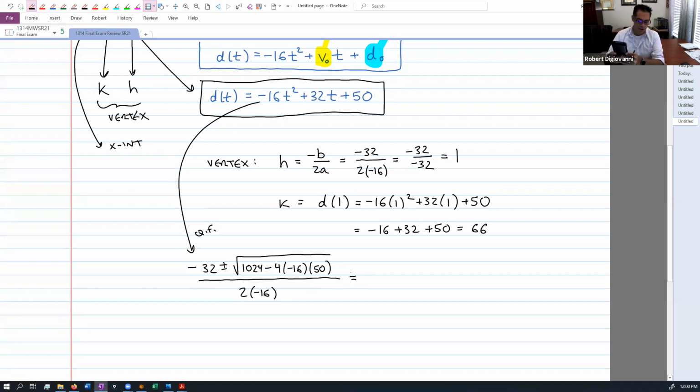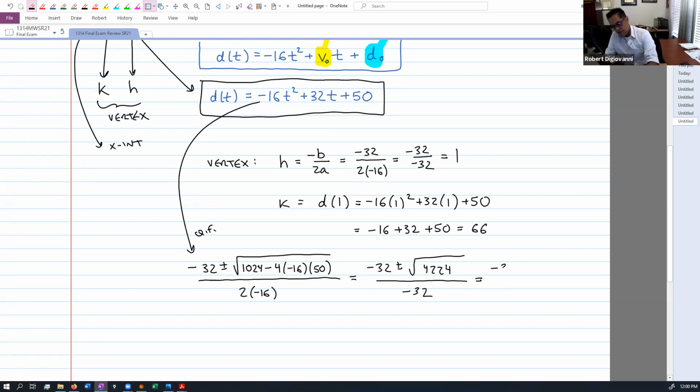So I'm going to do -32 plus or minus the square root. 4 times 16 times 50, add that to 1024, and you should get 4224 underneath the square root.